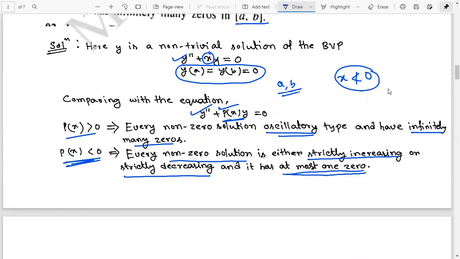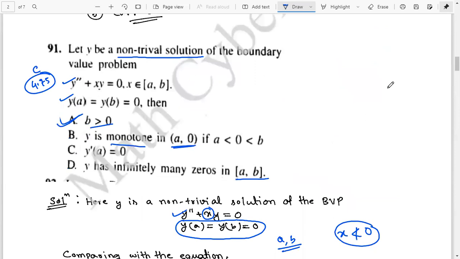Here when p(x) is less than 0, every non-zero solution is either strictly increasing or strictly decreasing. So when the interval is (a, 0), in that case the solution may be monotone, right? So option B says y is monotone in (a, 0) if a is less than 0 less than b. This condition is necessary.